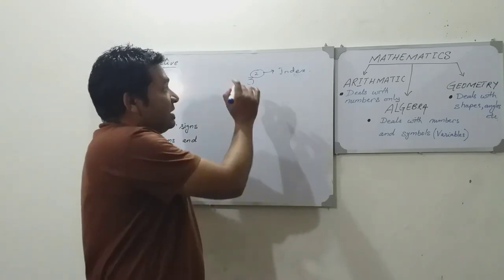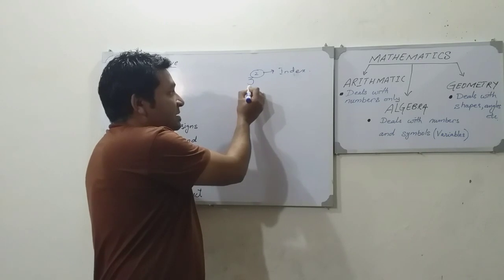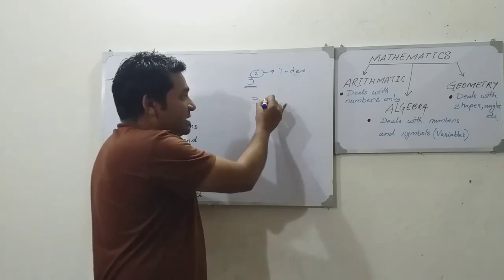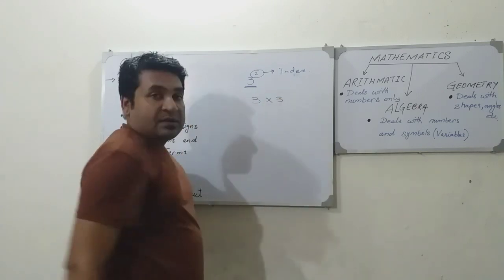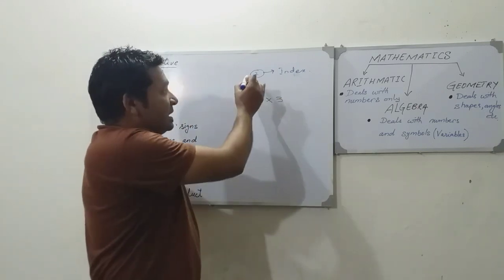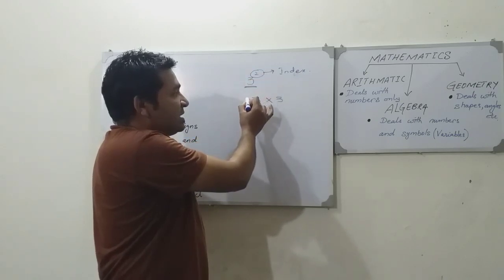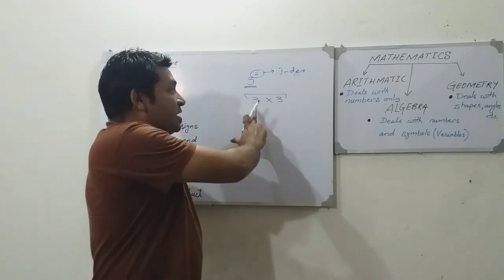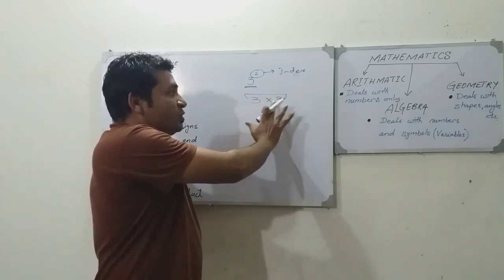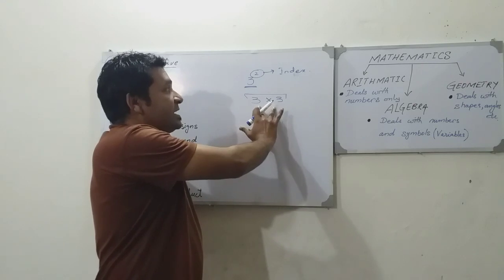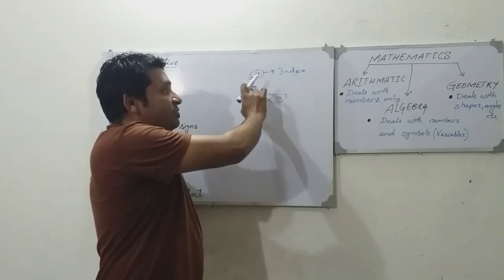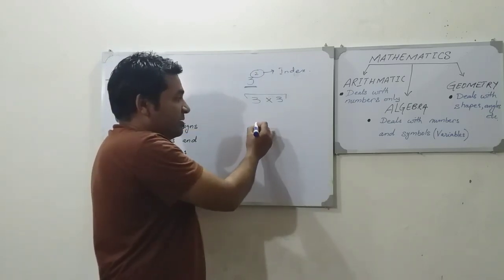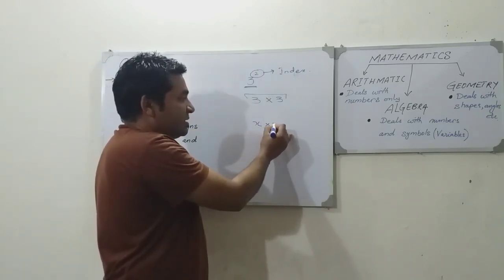This number is telling us that this number 3 is multiplying with itself. 3 raised to the power 2 means 3 times 3. It is multiplying with itself. And how many 3's are here? We have two 3's, so we write them in index form, like 3 raised to the power 2.